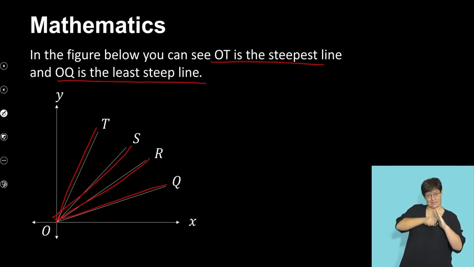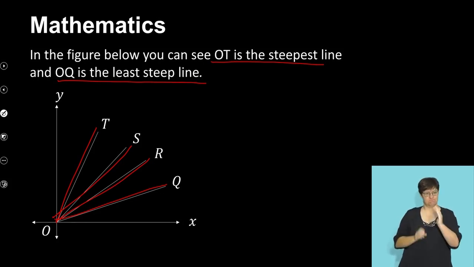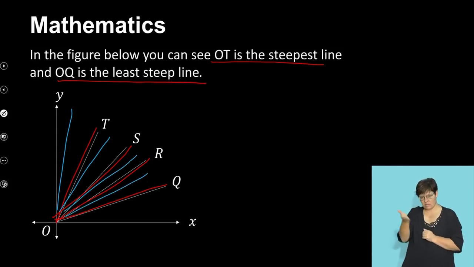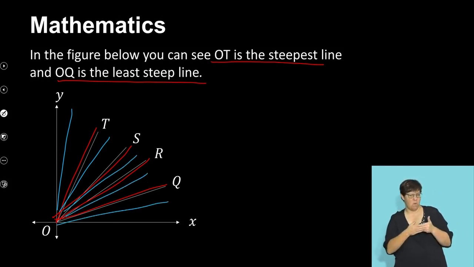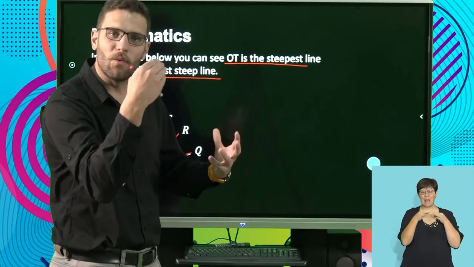All right. But when we're talking about gradients, if I were to draw in 5 more lines, suddenly I'm going to start running out of English words to describe the steepness.